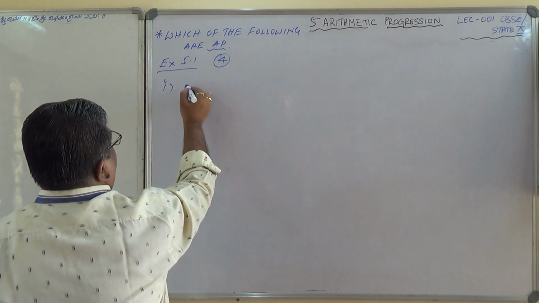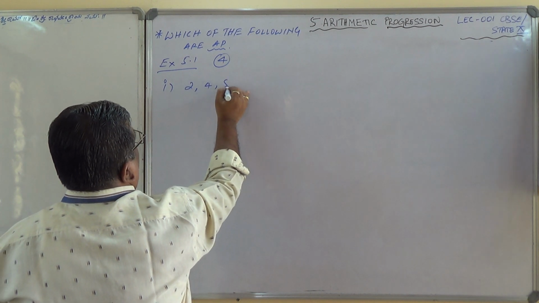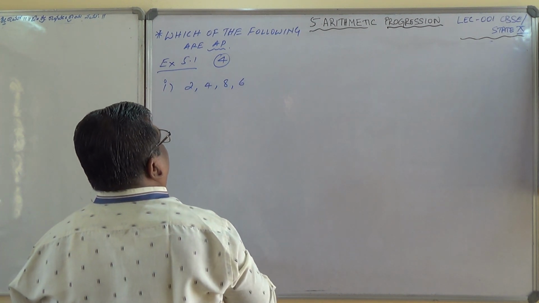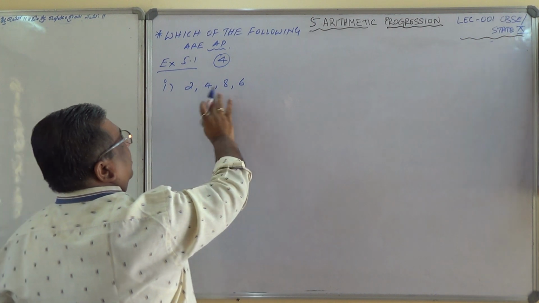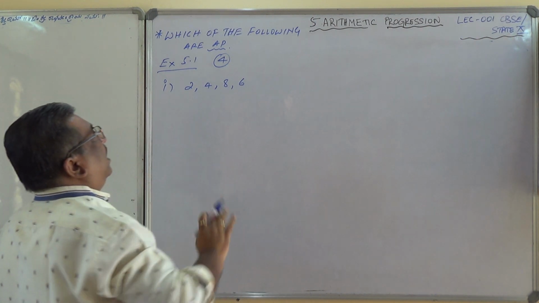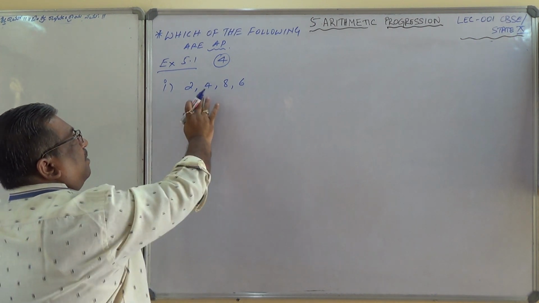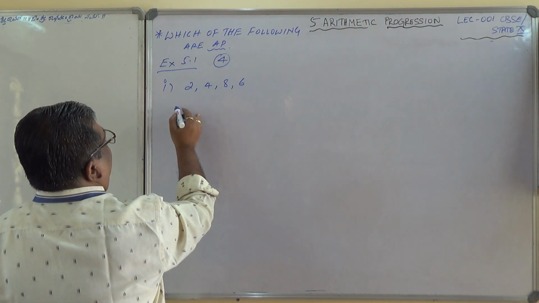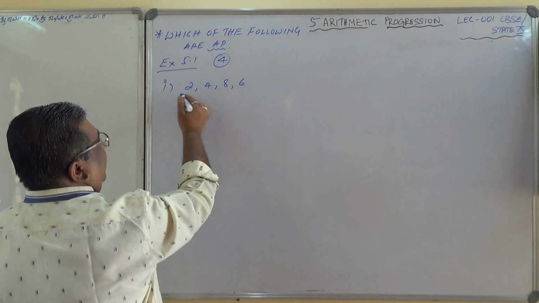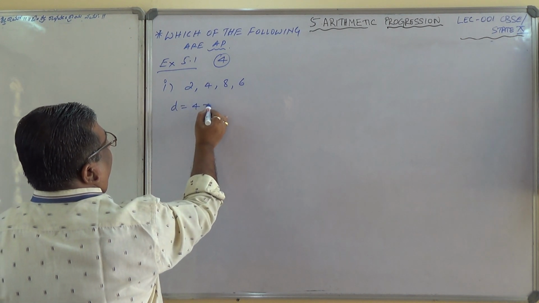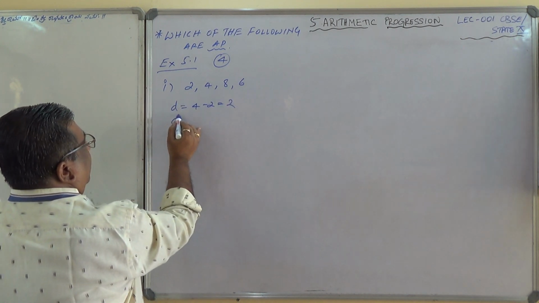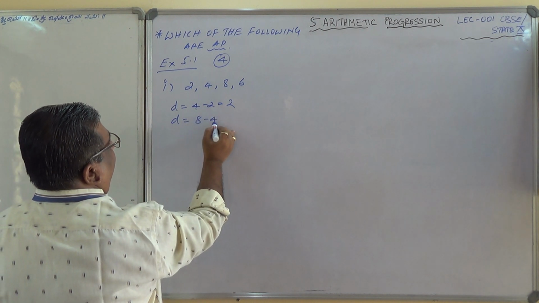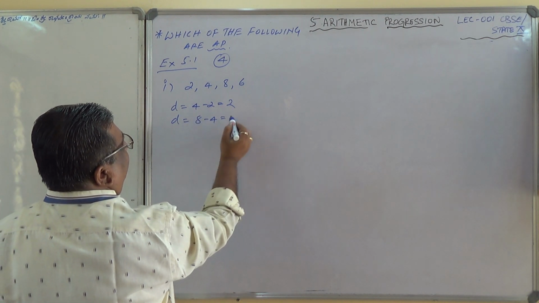For your information, exercise 5.1 and fourth question out of that, the first one: 2, 4, 8, 16. So this is given here as a list of numbers, and we have to check whether this forms an AP or not. So let me check now here. D equals 4 minus 2, which equals 2. And D equals 8 minus 4, which equals 4.